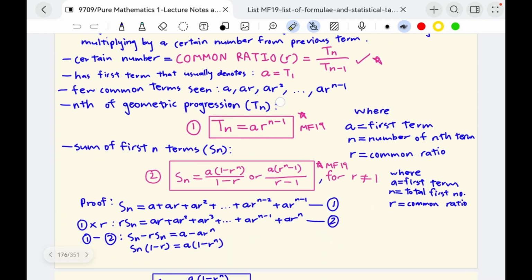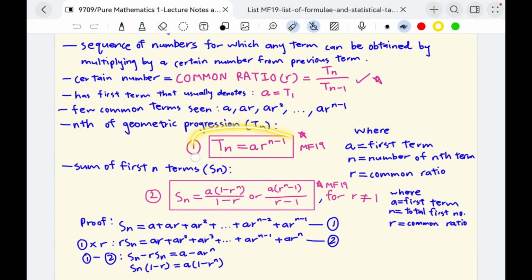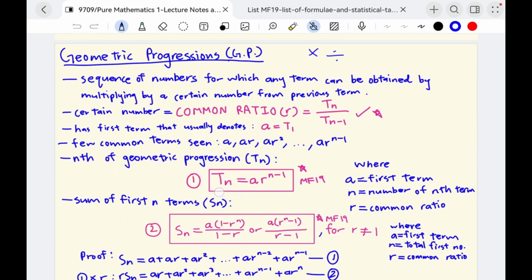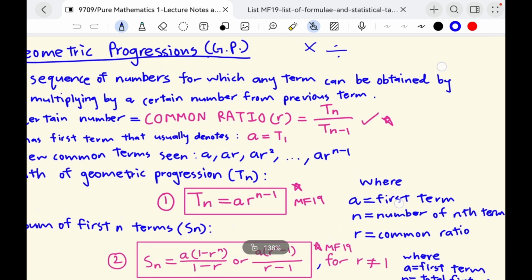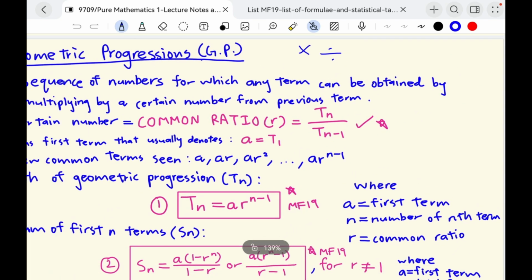Well, I forgot to provide the proof of this formula. Okay, let's prove it now. Apologize that I don't have much time due to my own circumstances. Given an example, a equals 2 as our first term for the GP. Term 2 is 4, term 3 is 8.